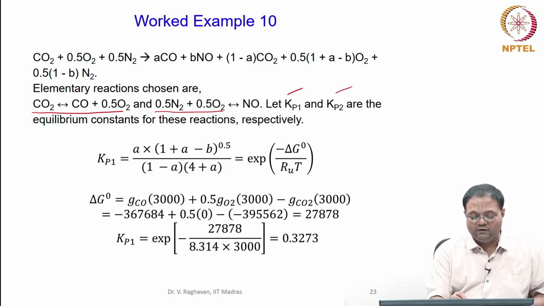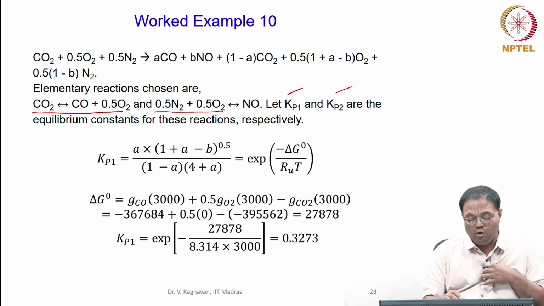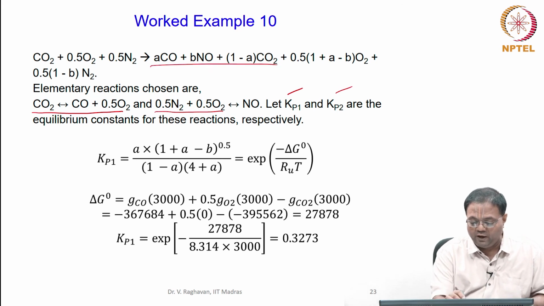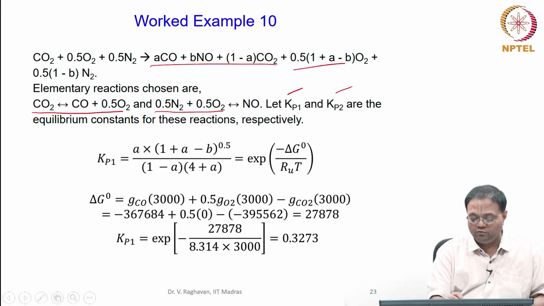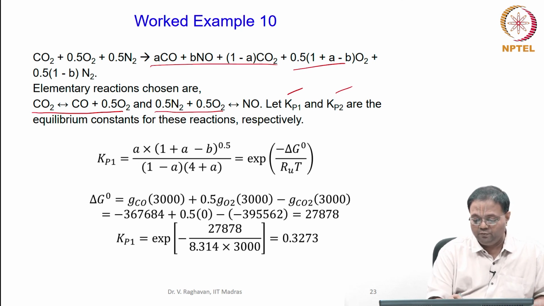So you can write the first equation, CO2 giving CO plus half O2, you also keep this in mind. So A CO and CO, then you have O2, correct, CO and O2. So A CO and O2 are on the product side. O2 is 0.5 times 1 plus A minus B, power 0.5, okay. So that divided by 1 minus A, and this 4 plus A by 2.